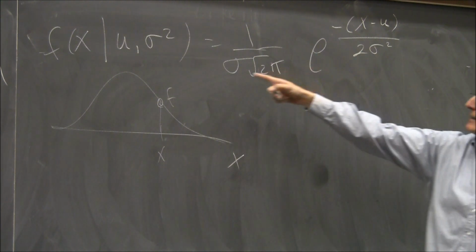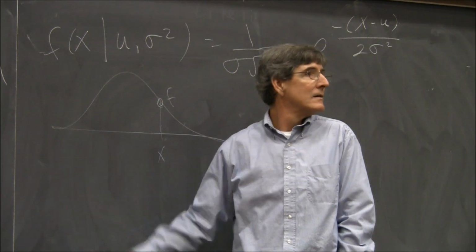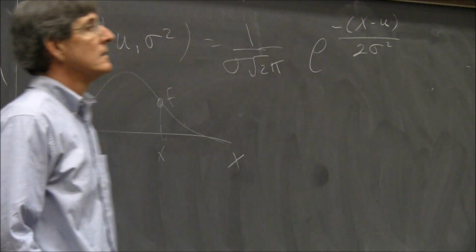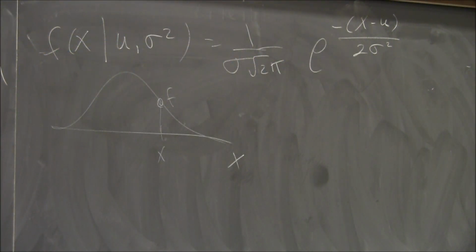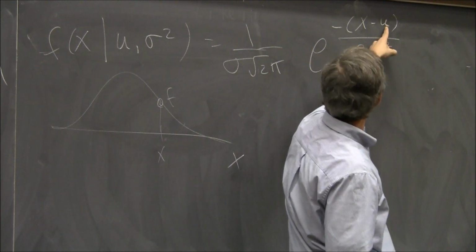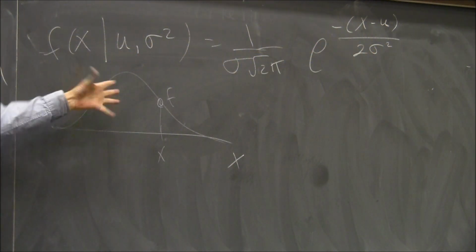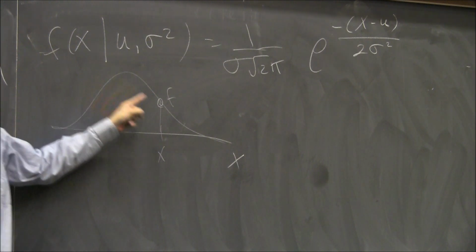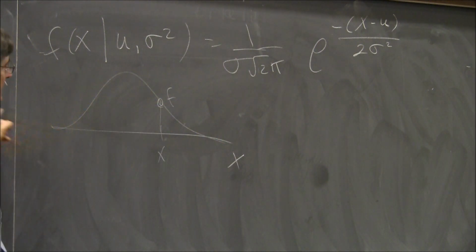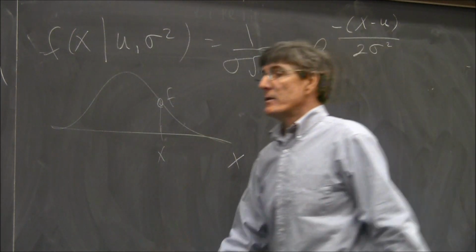You give this an x, it gives you an f. Functions are just mappings that take one thing into another. This one takes x's into f's. I give it all the x's in the world, and it maps this out. Okay, that's a normal distribution, that's it.